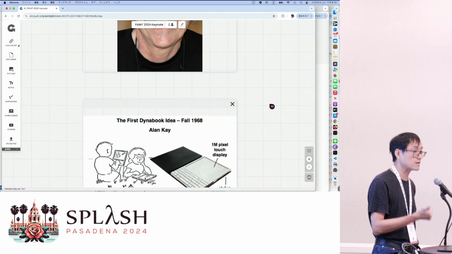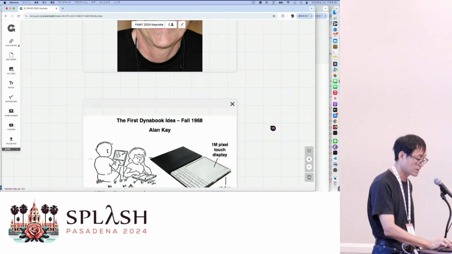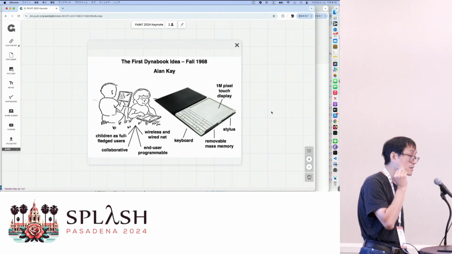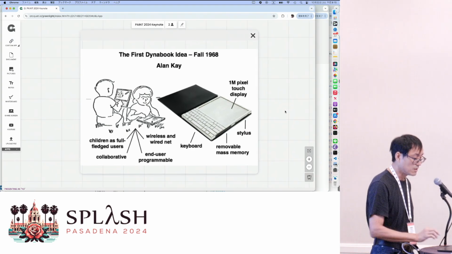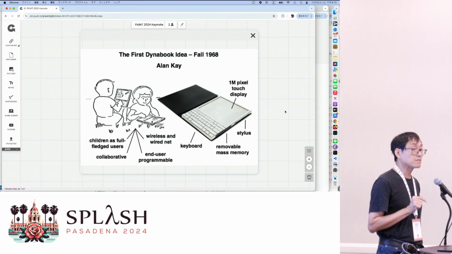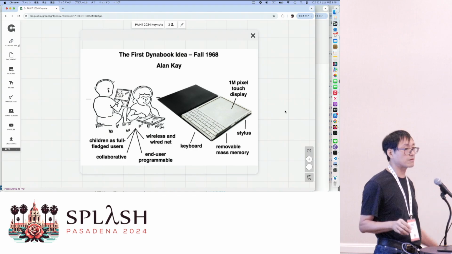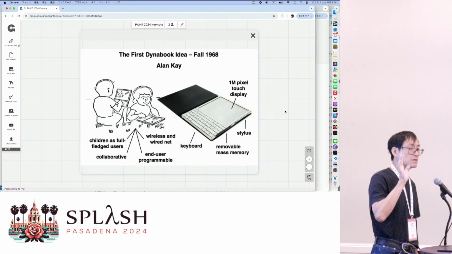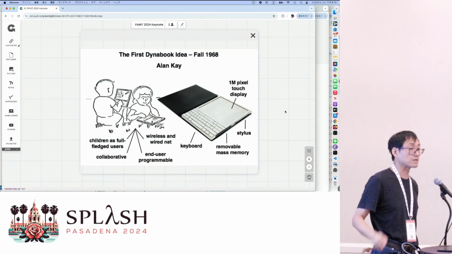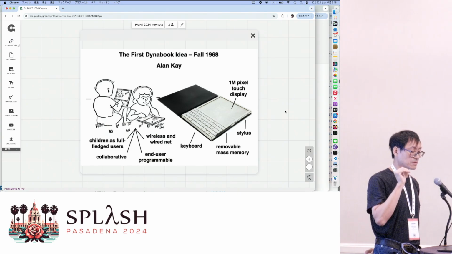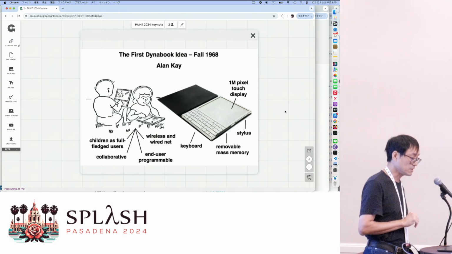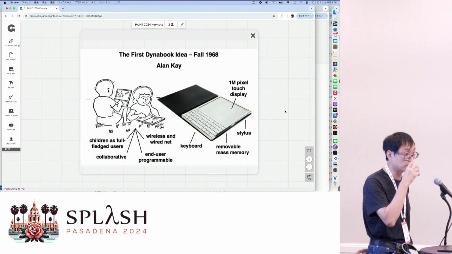He is known as the father of the personal computer because, among many other things, he conceived the idea called the Dynabook. In 1968, when computers tended to be a big thing, occupying an entire floor of a building, he foresaw that Moore's law would enable enough computing power to fit behind a flat panel, and that people would carry that kind of device around.